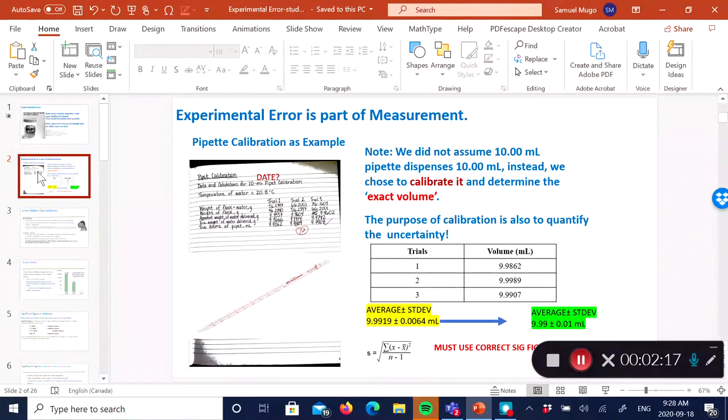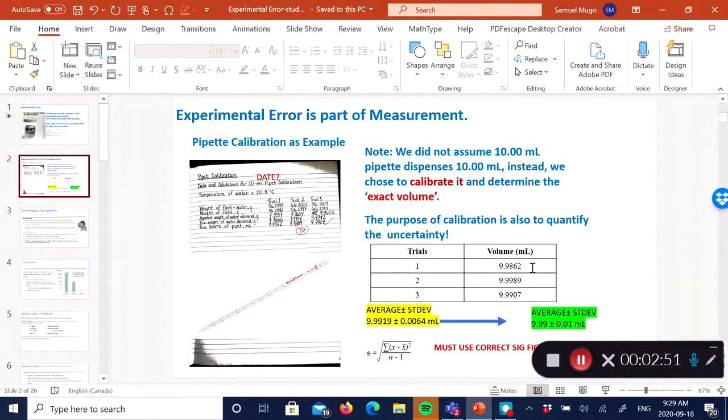Now, as I've said, experimental error is part of measurement. In most cases, it's very difficult to avoid it, and it can only be really quantified in some cases. Now, take an example of what you already know, the pipette calibration that you guys already did earlier in the week. Now, you take some data that looks like this, you did trial 1 and you got a value, maybe a volume of 9.9862.